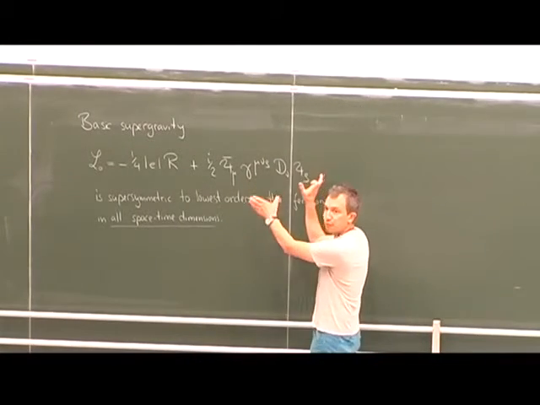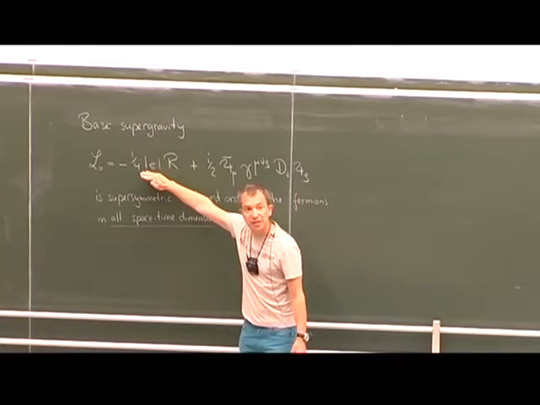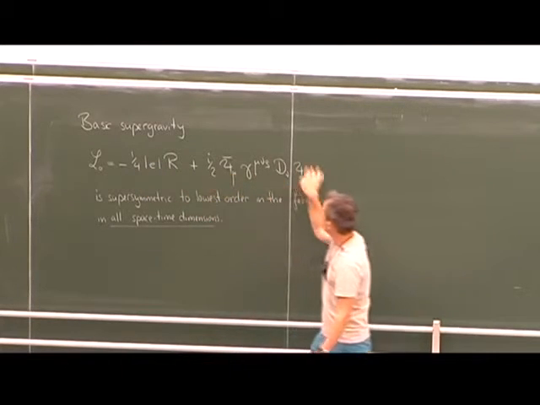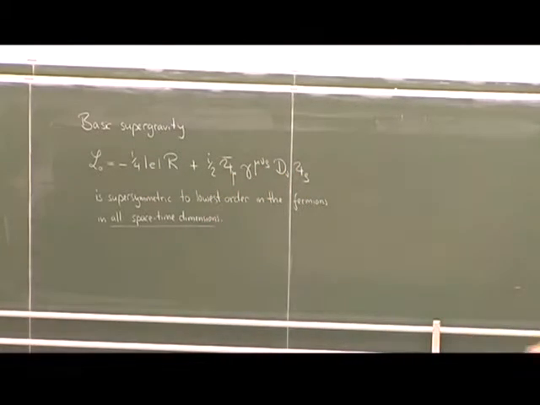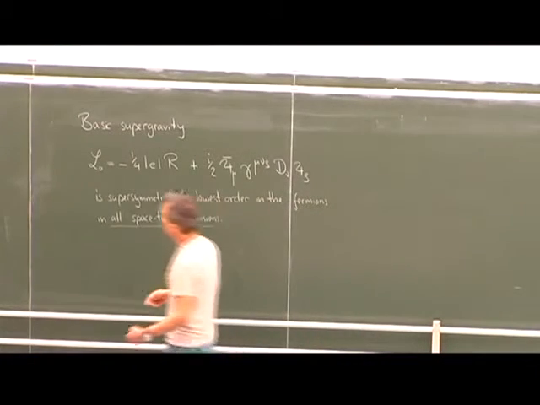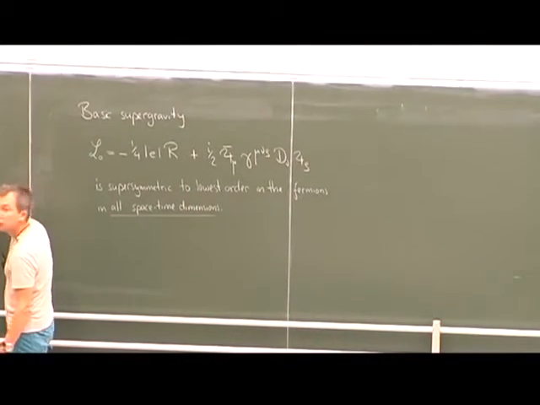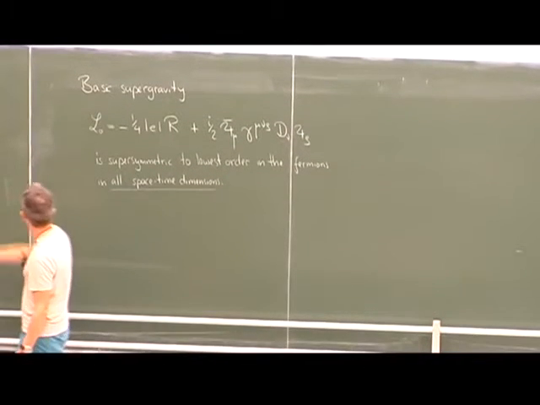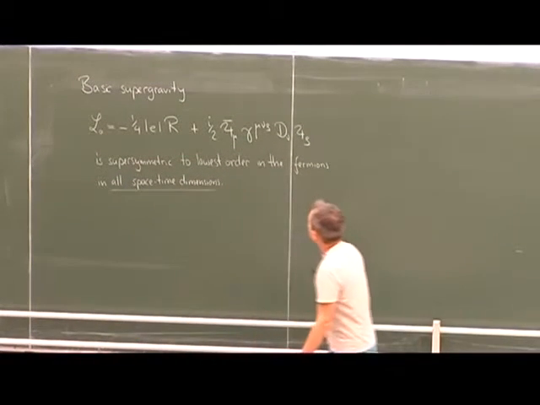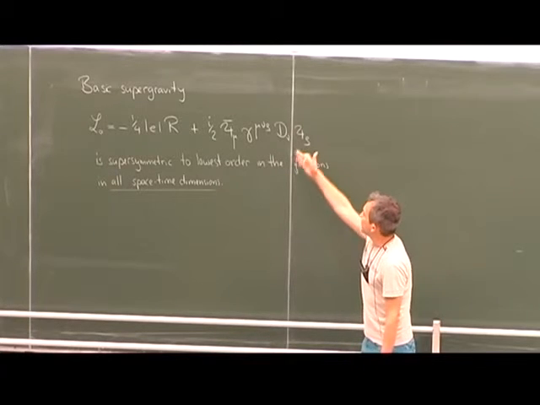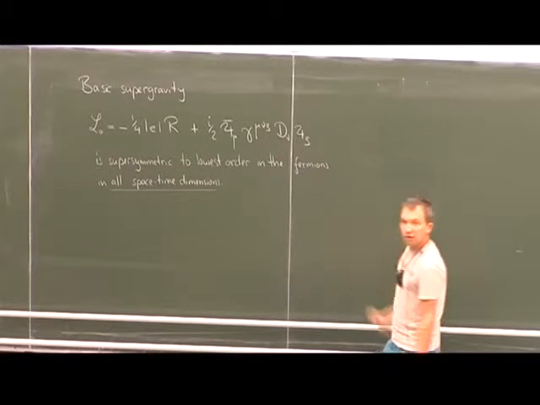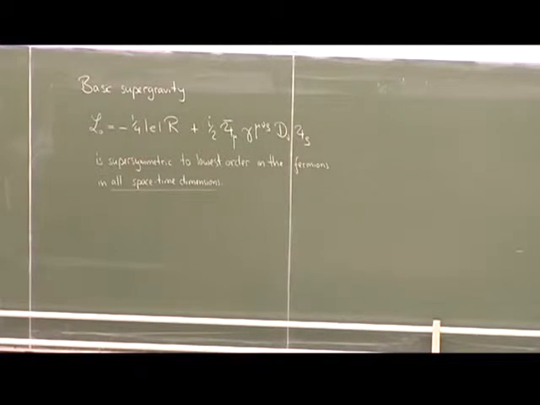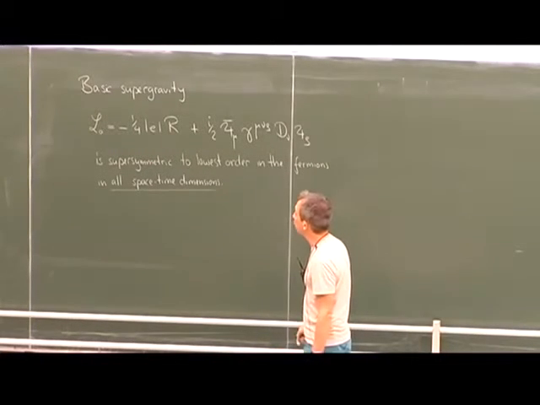So that's a nice property, if you wish, of general relativity in any dimension. There is some kind of spinorial structure underlying general relativity. But now if we want a truly supersymmetric theory, we need invariance of an action, of course, in all order of the fermions. If not, that is not a true symmetry of the Lagrangian.